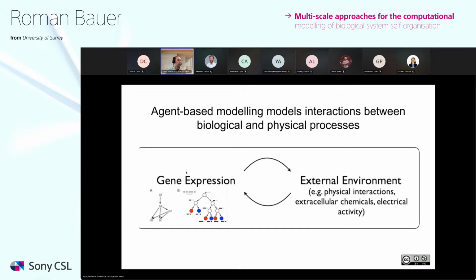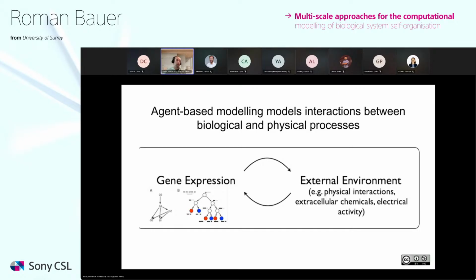And from a biological perspective, we want to then model how the biological rules that are encoded in the genes and that are expressed via gene expression interact with the external environment of cells. So we have, for example, mechanical interactions between cells that also influence how cells behave.